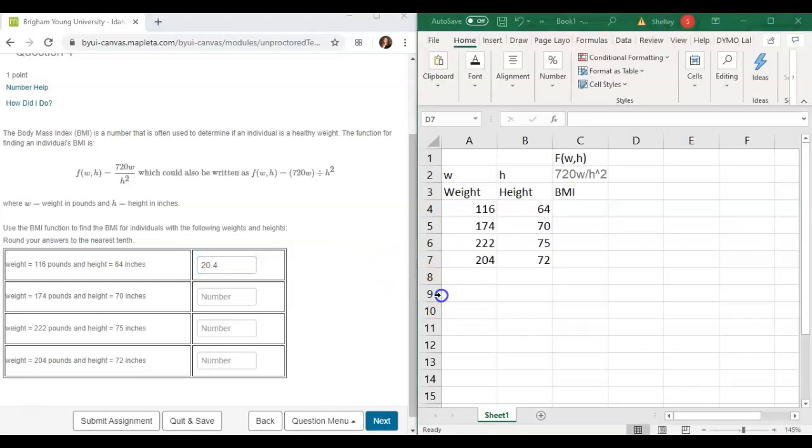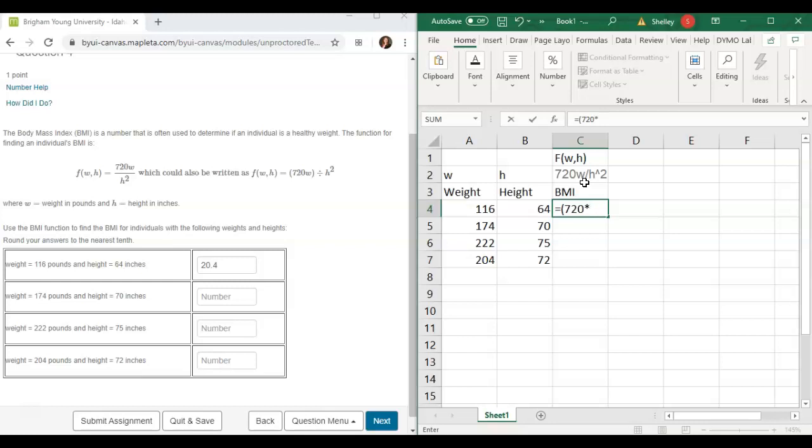Now I'm going to go through Excel, which will make this dramatically faster. So to type in our formula, we're going to do equals, and we can do the parentheses like we did in the other one. We don't have to, because the order of operations will multiply those first anyway. 720. Now I do have to put a times here between the 720 and the W because Excel doesn't know that, you have to tell it to multiply.